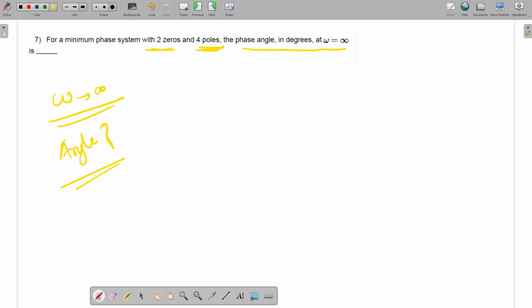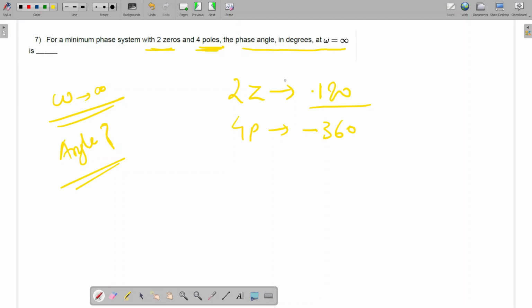Two zeros will contribute plus 90 each, so plus 180, and 4 poles will contribute minus 360 degrees.